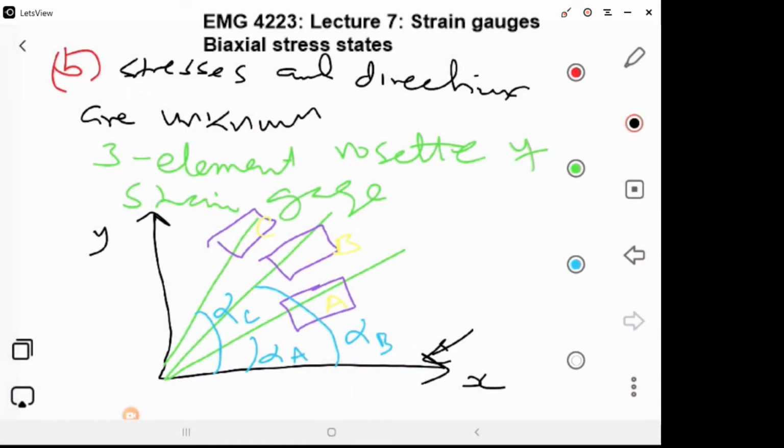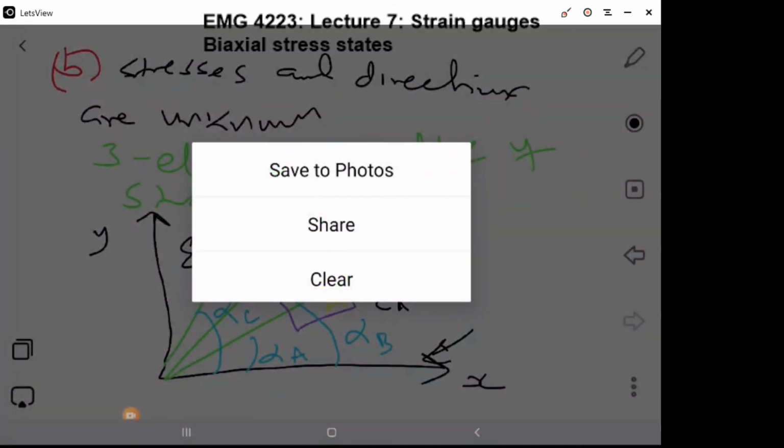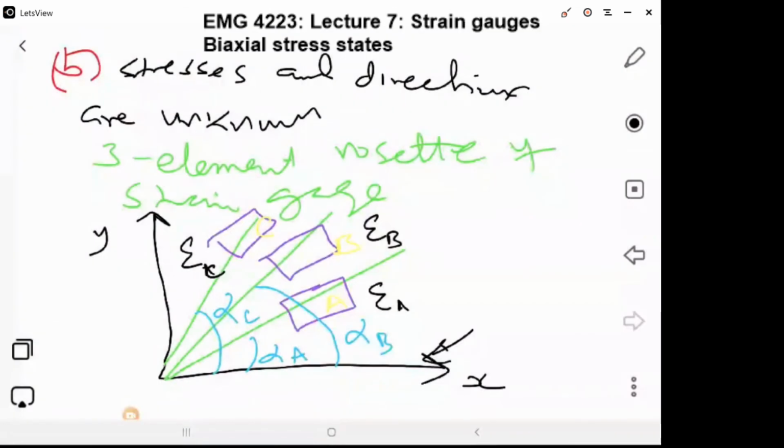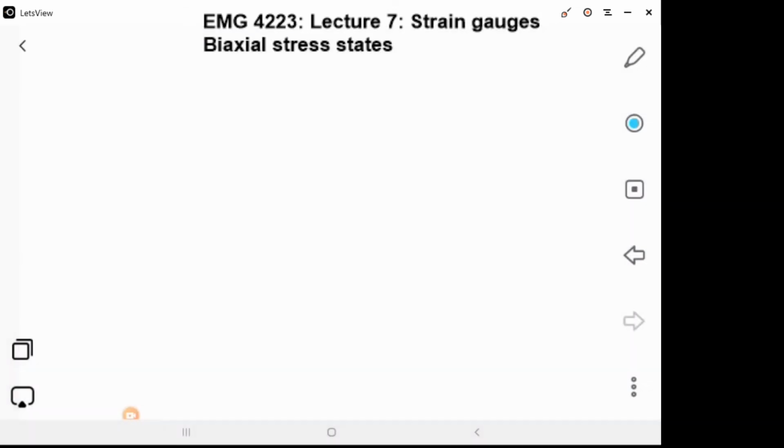Next I want to write the relationships for determining the strains. This gives strain A, this gives strain B, and this gives strain C. How do we determine the relationship between those strains and the strain field, which is this strain and that strain? From your solid mechanics, this relationship can be used.